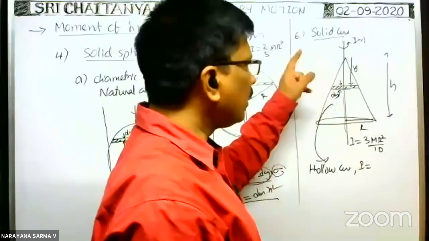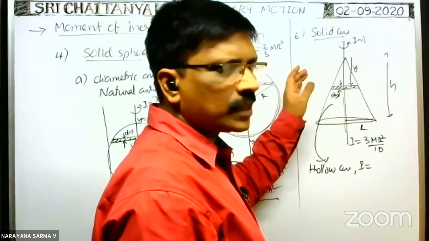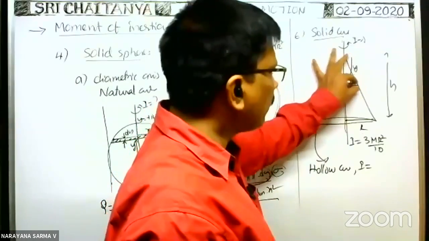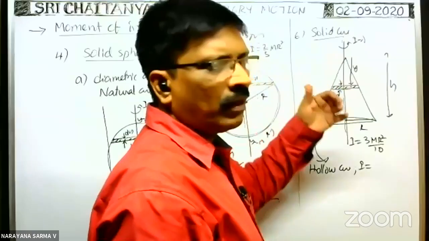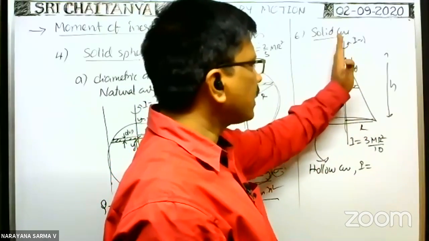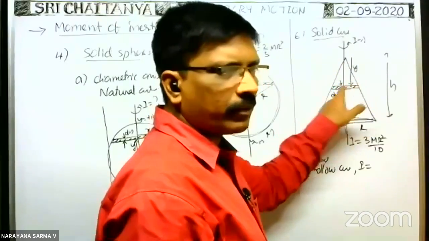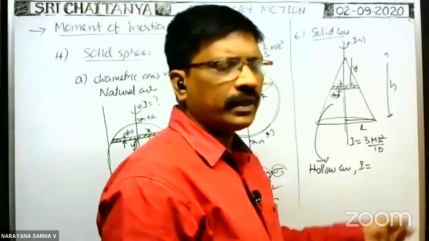So mass by that volume, 1/3 pi r square h, gives volume density, that is the mass per unit volume. For this much volume of the disc, you find the mass. That is dm. So moment of inertia of this disc about this axis is equal to dm into radius square by 2, no? dm into x square by 2. Then integrate them, you will get the answer.